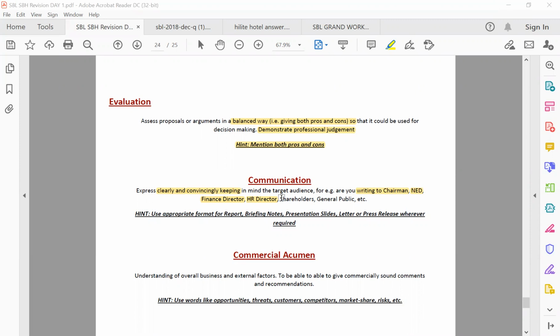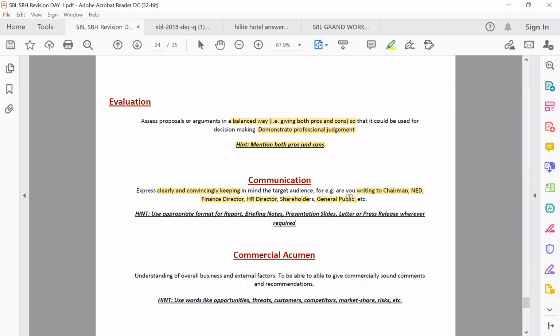If you are talking to the shareholders, you generally need to talk about the overall wealth increment of the shareholders. And if you are talking to the general public, you need to talk about society, the environment, and the community as a whole.